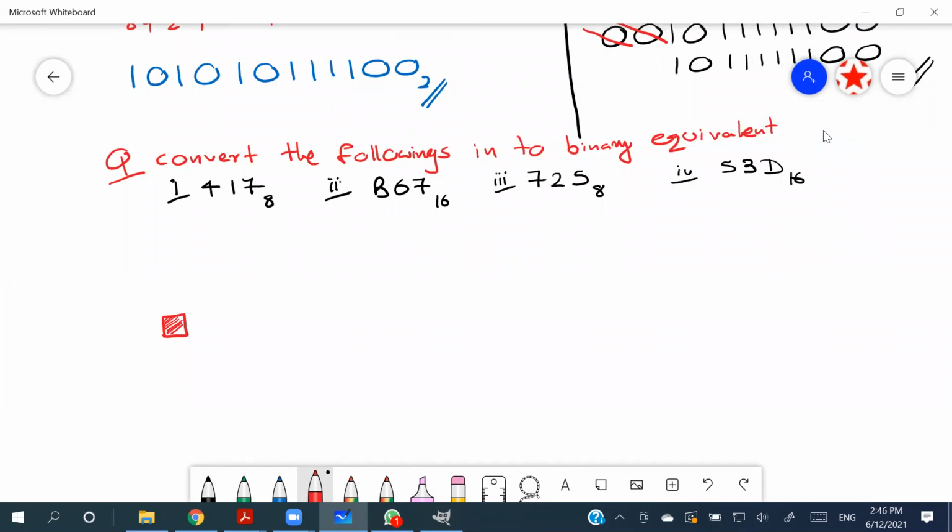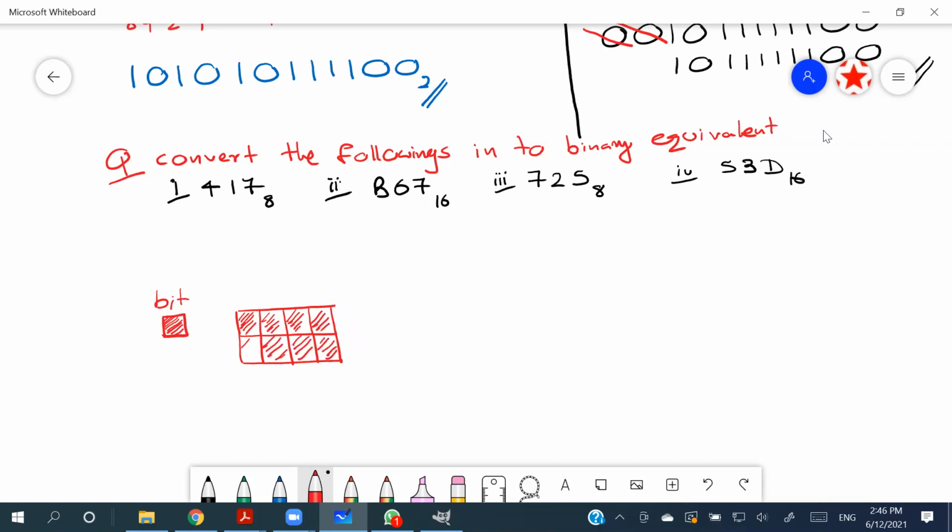So if this is a bit, 8 of these things will create a byte.